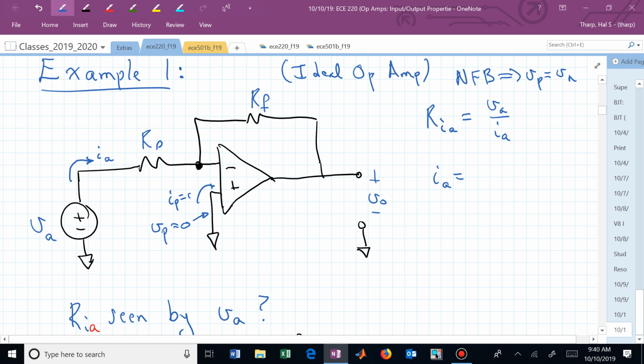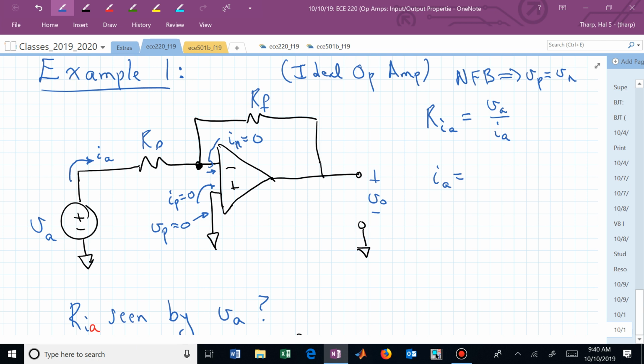And we can say it where else? Right above it, on the right side of that node. We can only say that this current I sub n is equal to 0 going here. So that one is 0, but I sub a, not necessarily, because it has other places it can go.